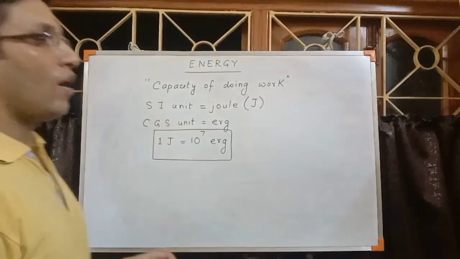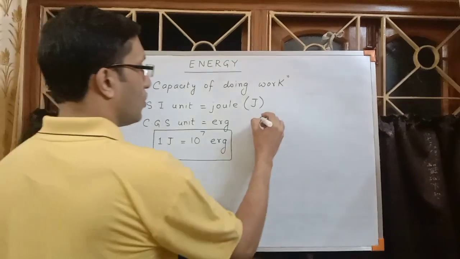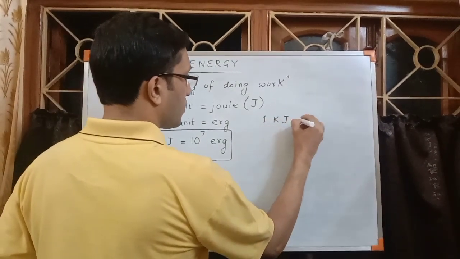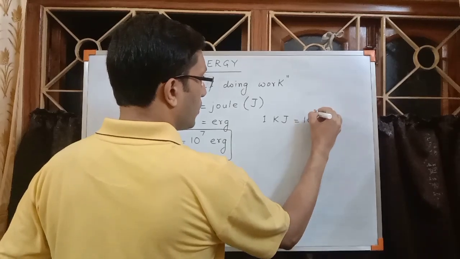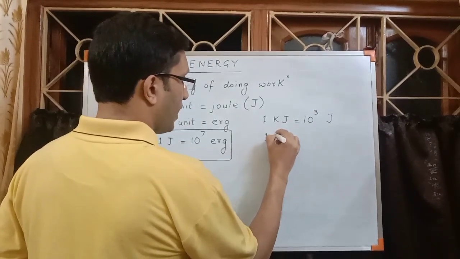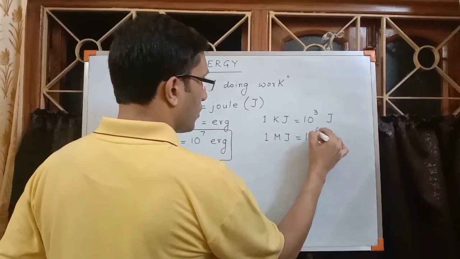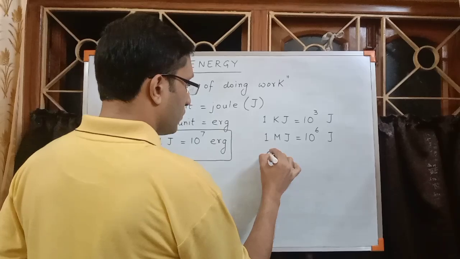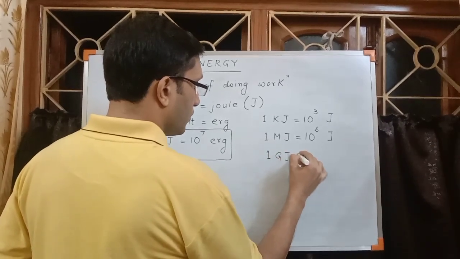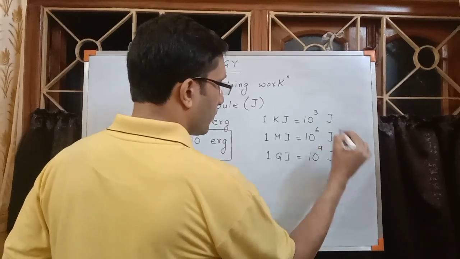Now, there are some bigger units of energy as well, that is 1 kilojoule, that is 10 to the power 3 joule, 1 megajoule, that is 10 to the power 6 joule, and 1 gigajoule, that is 10 to the power 9 joule.